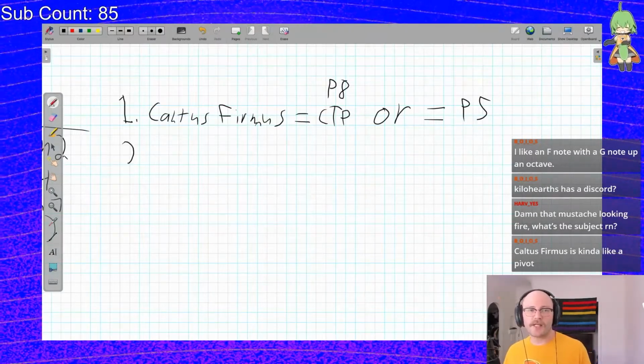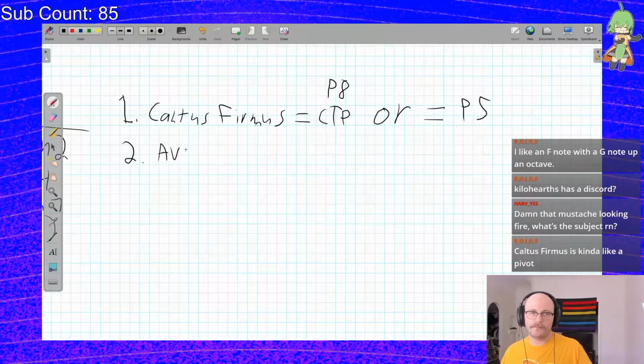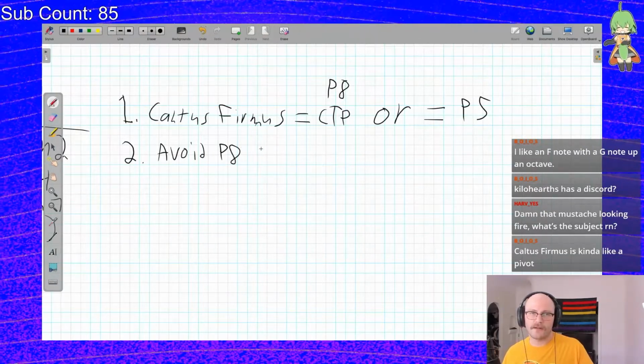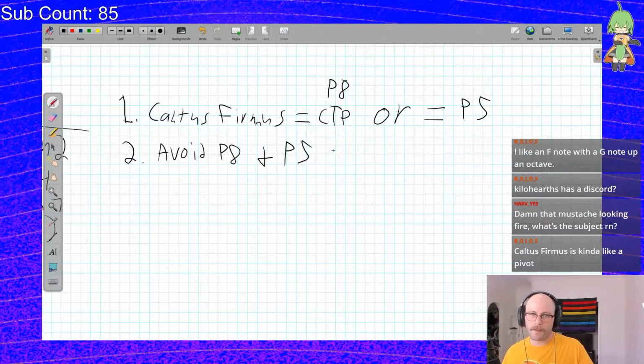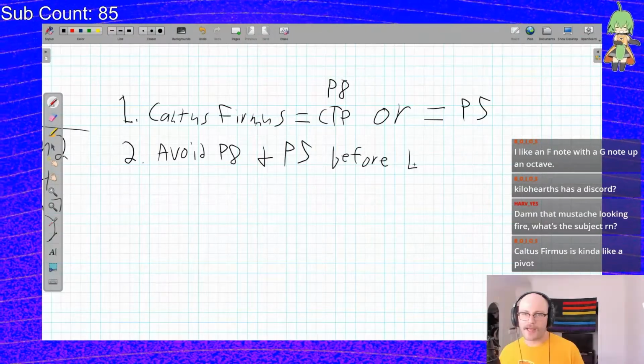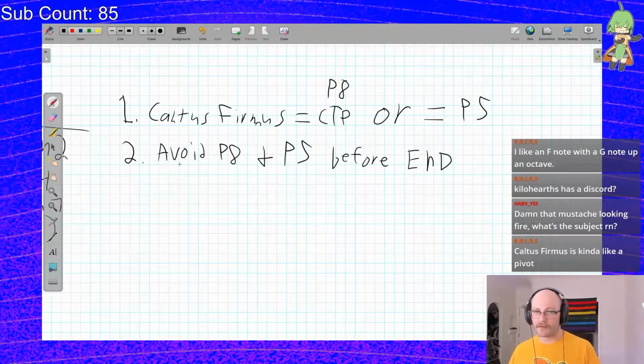So the second thing on our checklist is avoid P8s and P5s before the end. Avoid does not mean never.